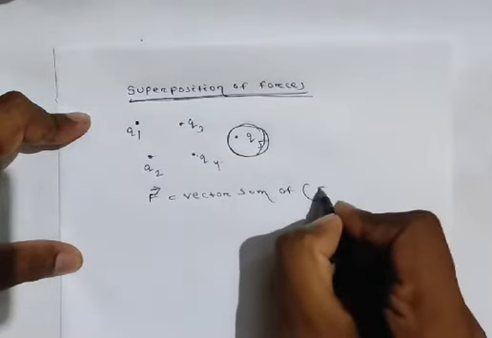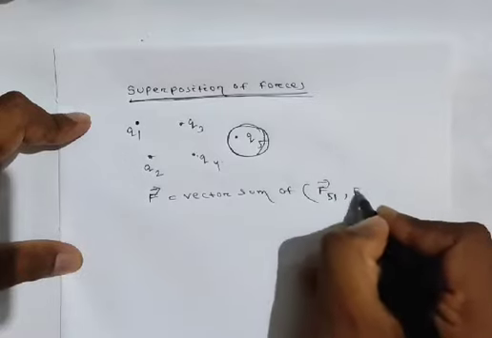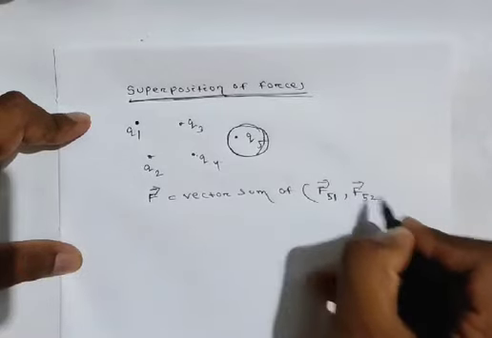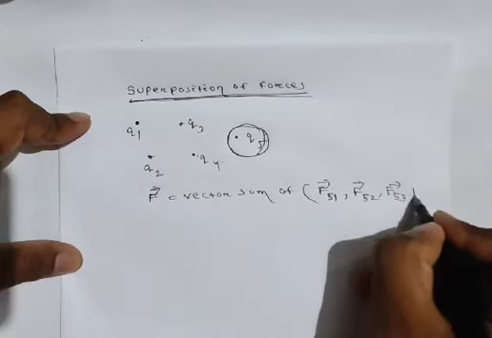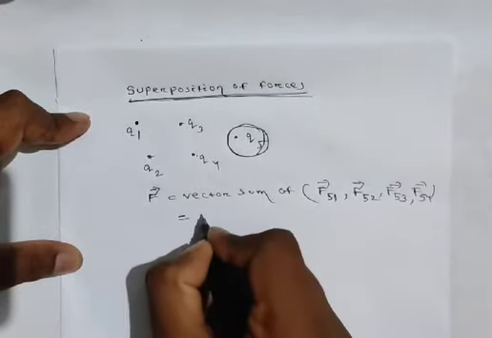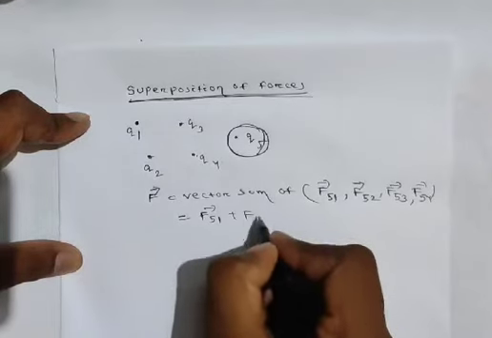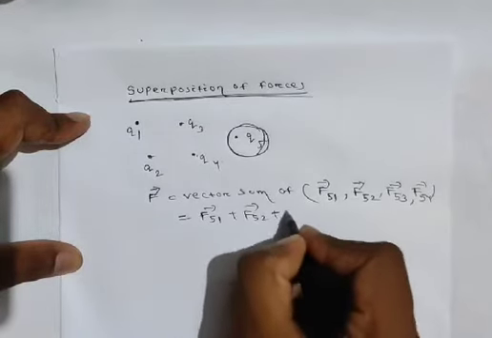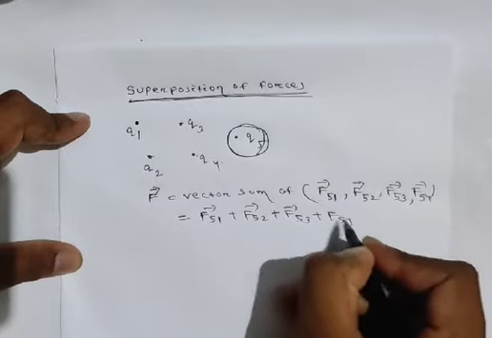So that will be F51, F52, F53 and F54. So we can simply write F51, F52, F53, F54.